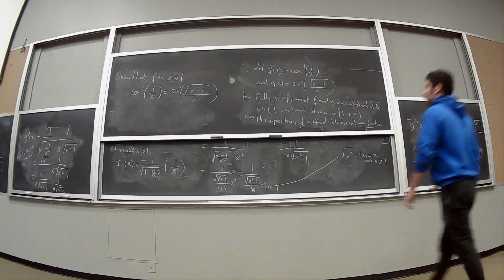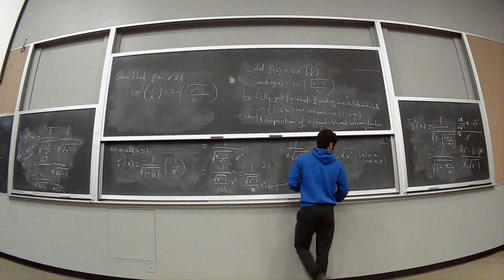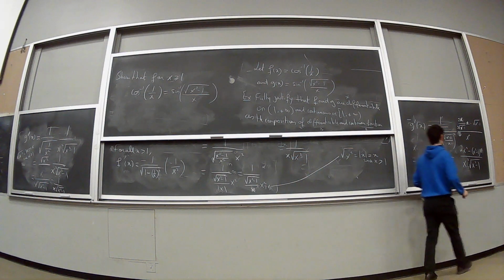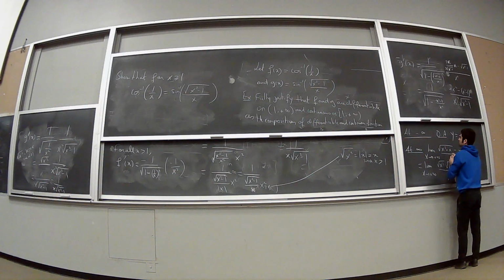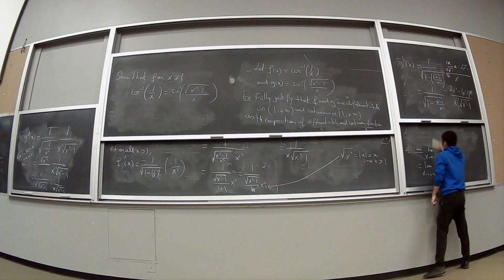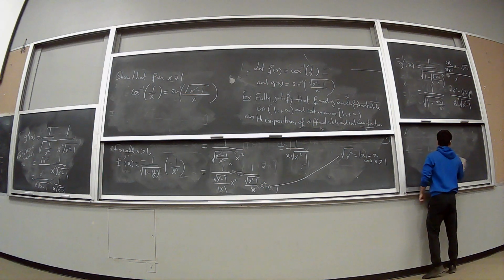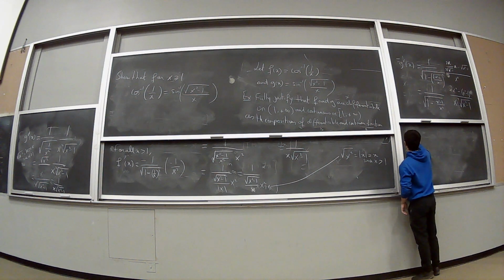Just a messy differentiation that you have to deal with. So f prime is equal to g prime on (1, infinity).